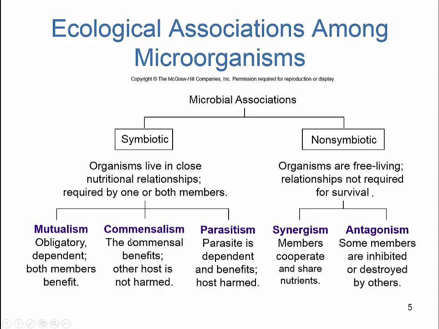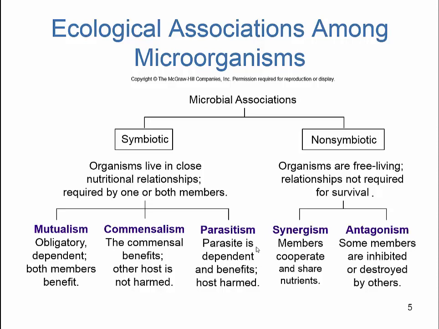Likewise, if we look at commensalism, commensals are bacteria that live on the host. The commensal does benefit by having that harbored environment, but the host is not harmed. So the host does not benefit, but the host is not harmed. If you think about parasitism, the microbe must live on the host.